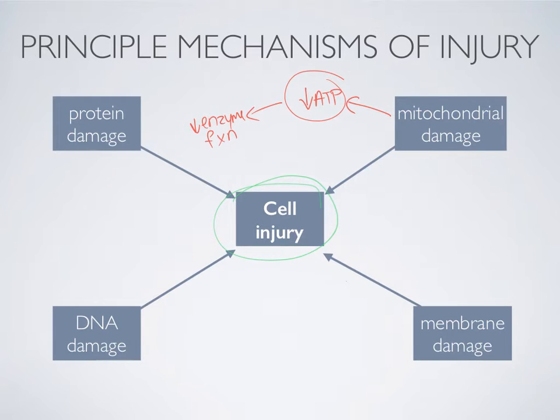So decreased enzyme function, that's going to be one cause of protein damage. So that's how we get from mitochondrial damage to protein damage. If you're decreasing the ability to maintain that ion gradient, that's also going to lead to membrane damage, because these ion channels are no longer functioning properly.